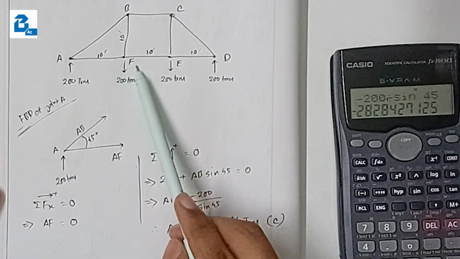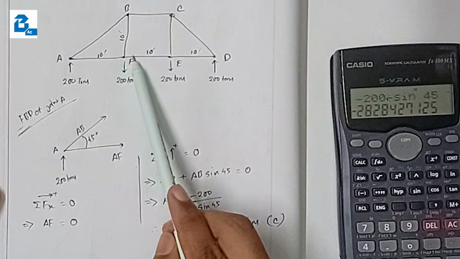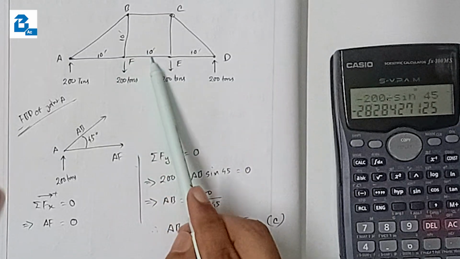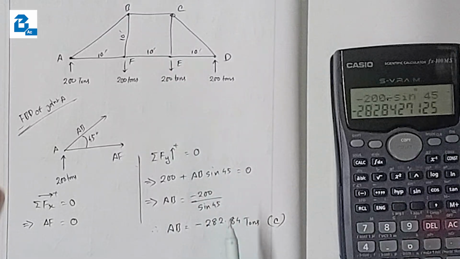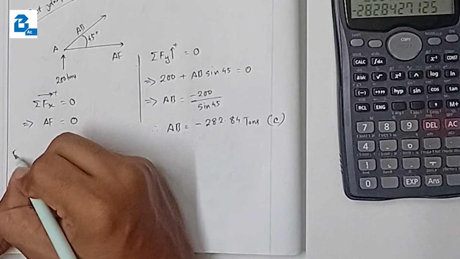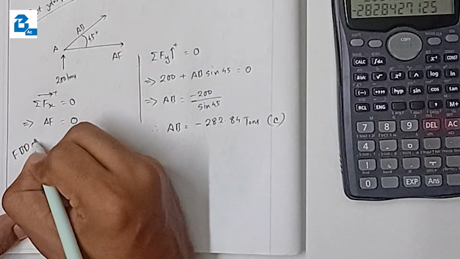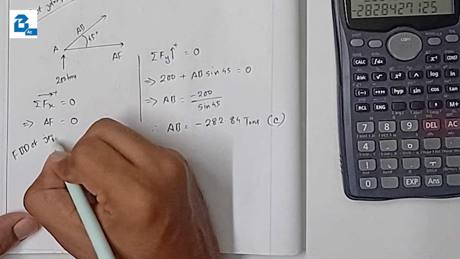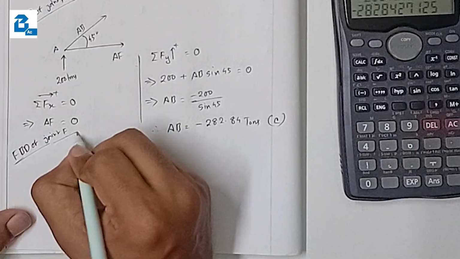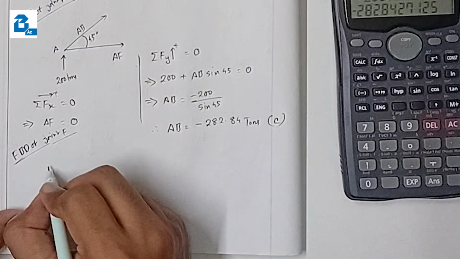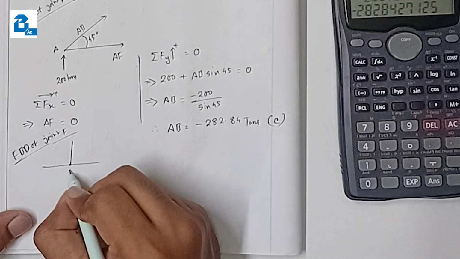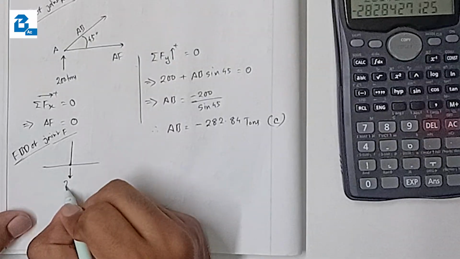To do that, we can draw an FBD of joint F, and that will solve these two unknown components. So let's do that. FBD of joint F looks something similar to this. Here 200 tons is acting downward.